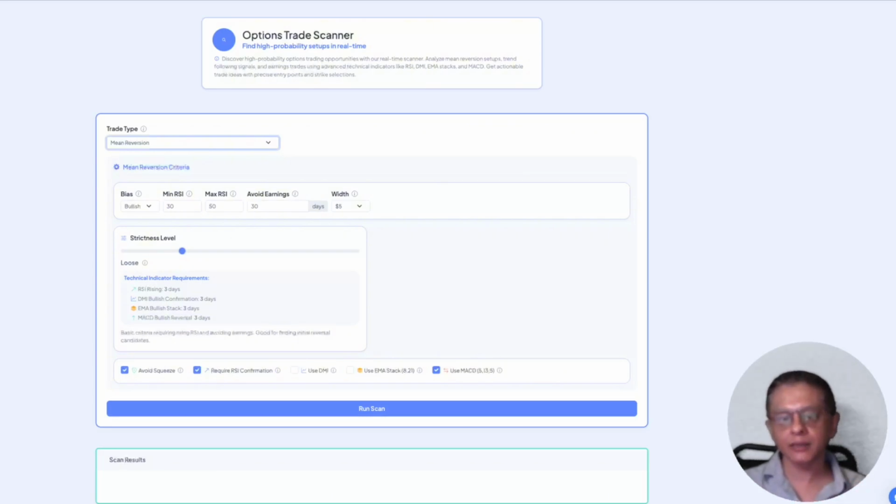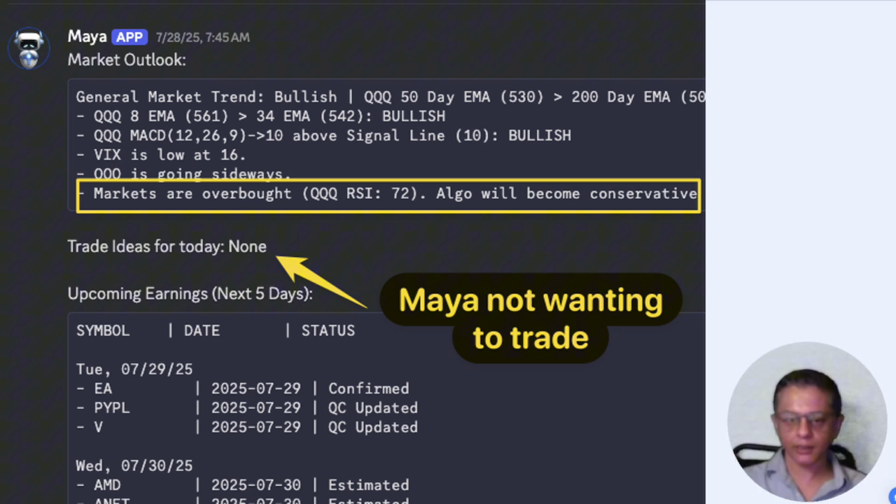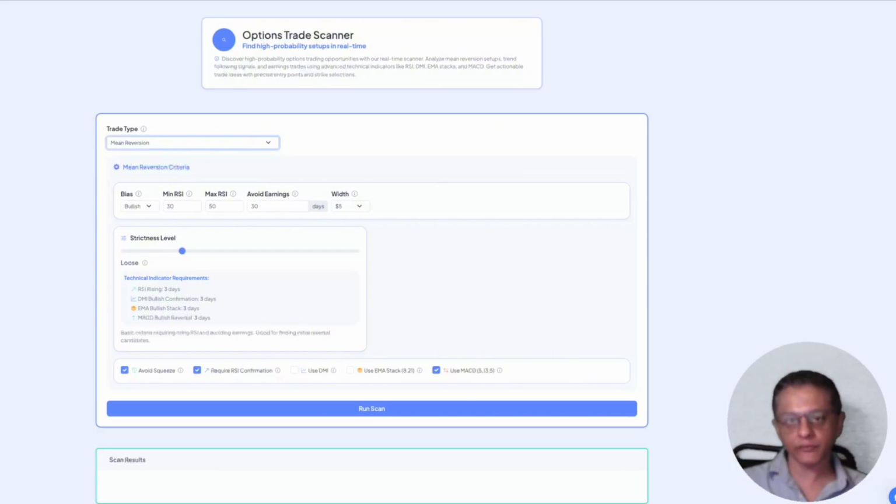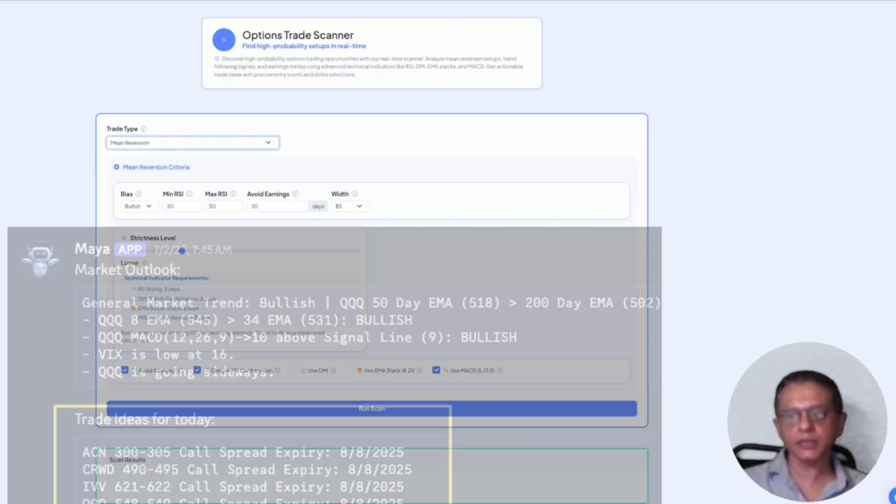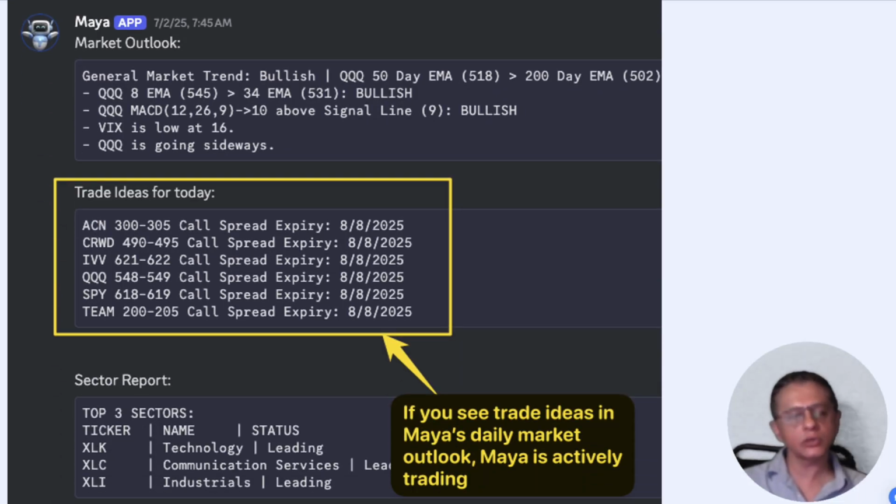When it thinks that the markets are not favorable, it actually stops trading. For example, as of today, for the last 5 weeks, Maya hasn't taken any trades, which is perfectly fine because overtrading doesn't mean making more money. Maya is pretty good about identifying a favorable environment, and then if it does, it finds trades. If it doesn't, it goes into sleep mode.